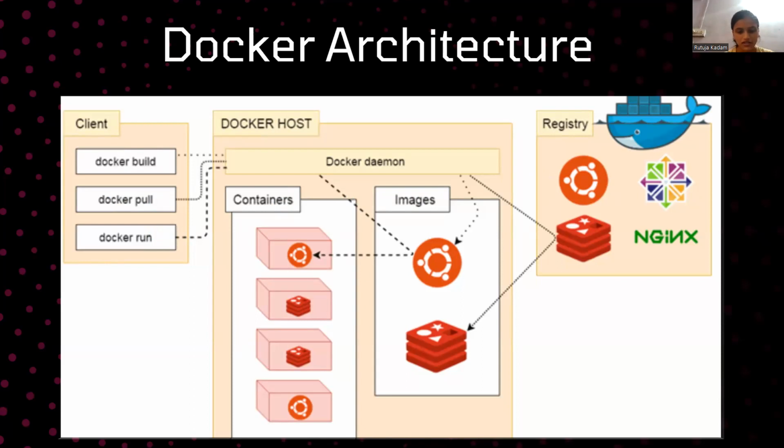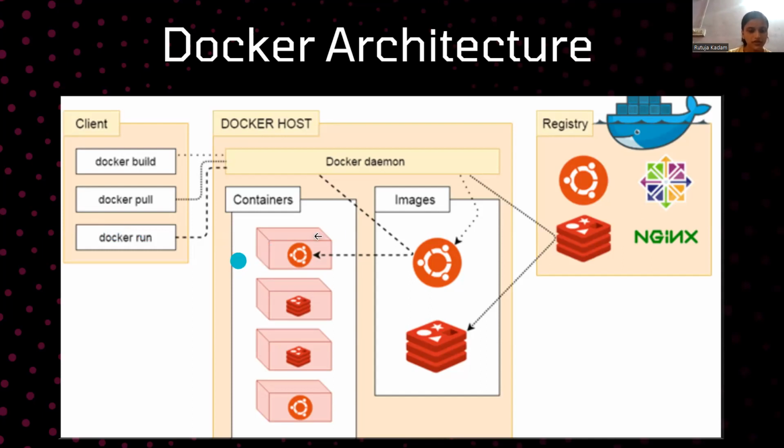When a client runs any Docker command on the Docker client terminal, the client terminal sends these Docker commands to the Docker daemon. The Docker daemon receives these commands from the Docker client in the form of REST API requests. The Docker client uses the command line interface to run commands like docker build, docker pull, and docker run.